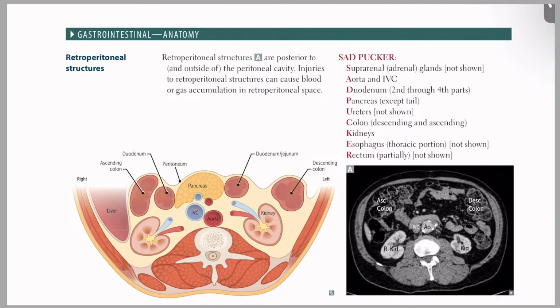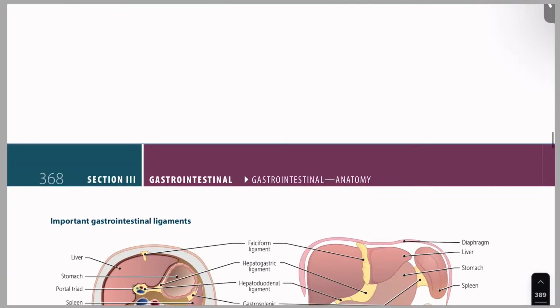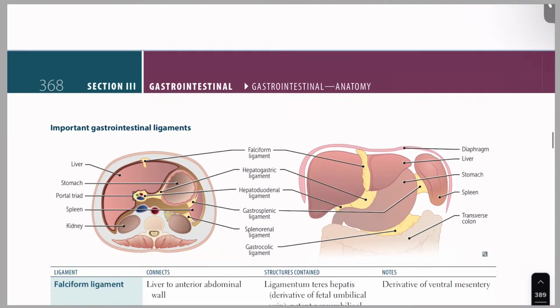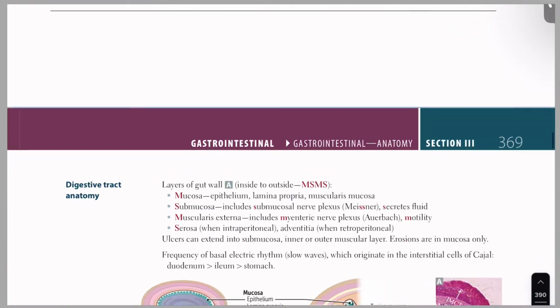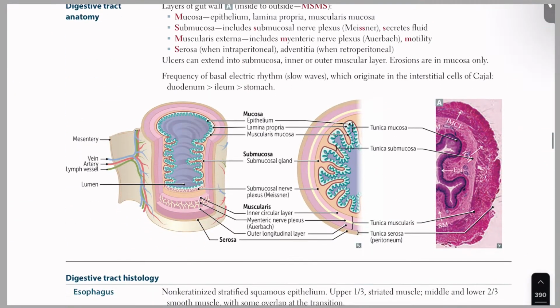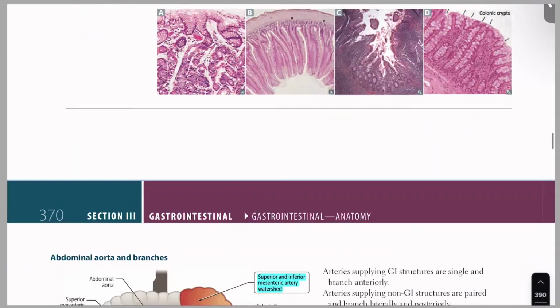gastrointestinal anatomy we started, retroperitoneal structures, important gastrointestinal ligaments we have seen, digestive tract anatomy we have seen, digestive tract histology we are looking at now, and we have looked at it.